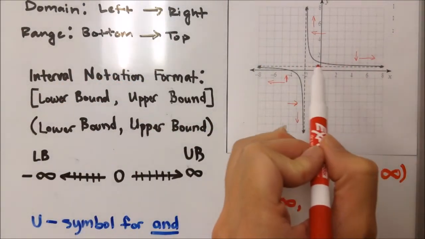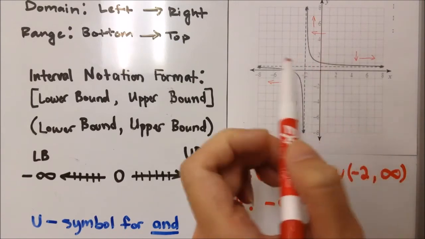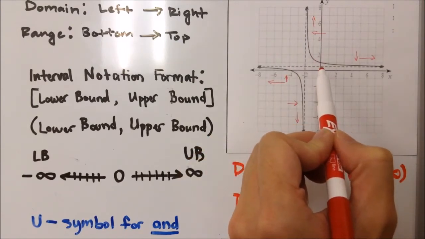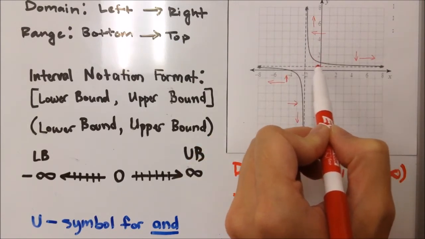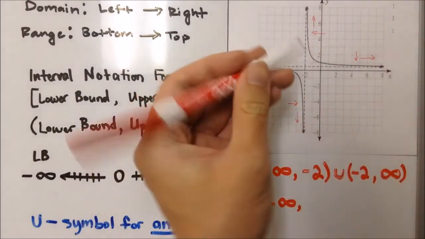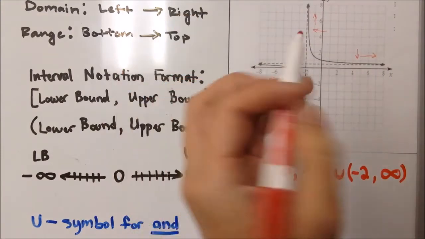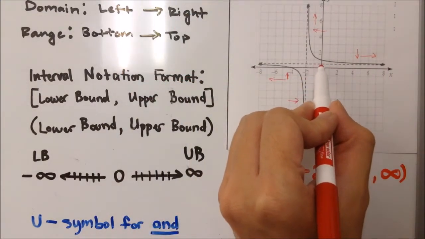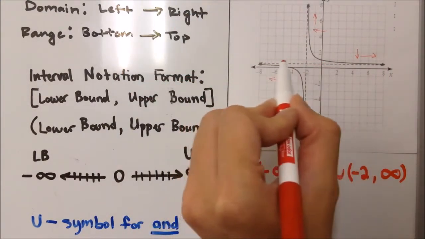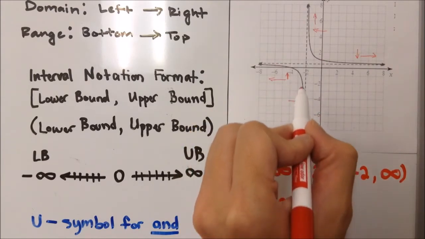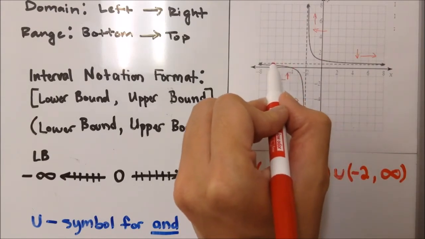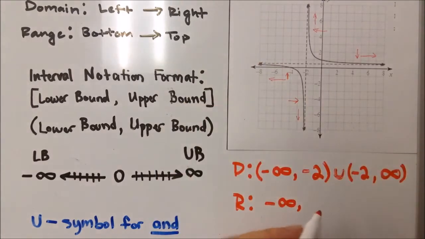In terms of the y-axis, the horizontal asymptote crosses the y-axis, it seems, in the middle, so 0.5. So the horizontal asymptote is at 0.5. Going upwards, closer, closer, closer to 0.5.